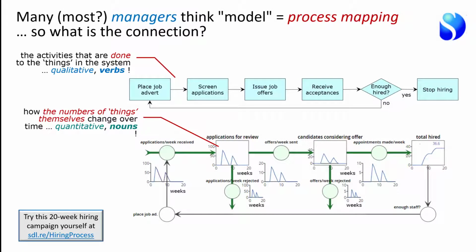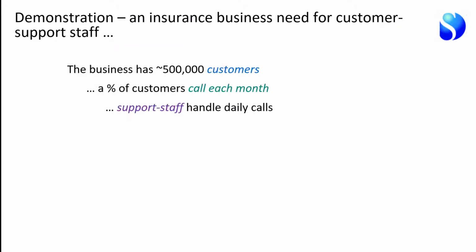Now, in the demonstration of the digital twin, we're going to change this a little bit, and we're going to pick up that same process, but we're going to adapt it for a more extensive business challenge. And here we're looking at an insurance business with hundreds of thousands of customers, and it needs customer support staff to respond to calls coming in from those customers.